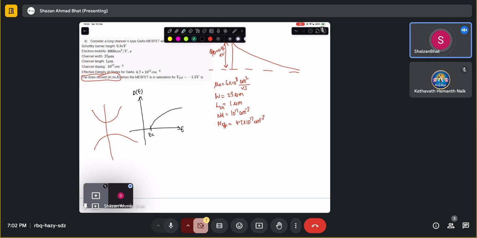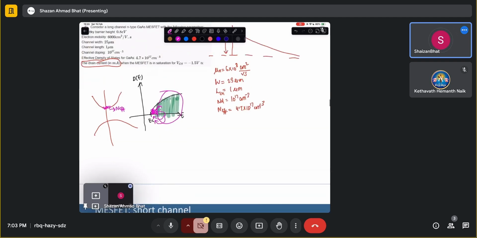If you consider all of those states to be located at the minimum of the conduction band, that is the effective density of state, N effective. That is just a hypothetical concept. In order to compute, you consider them all at the bottom of the conduction band. That is the concept of effective density of states, and it is in per centimeter cube.